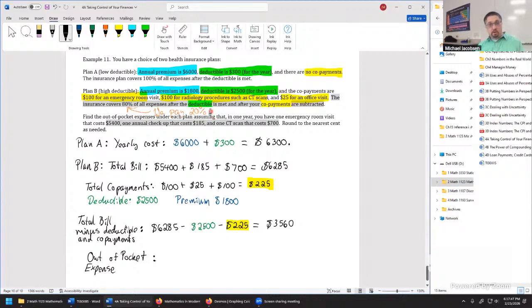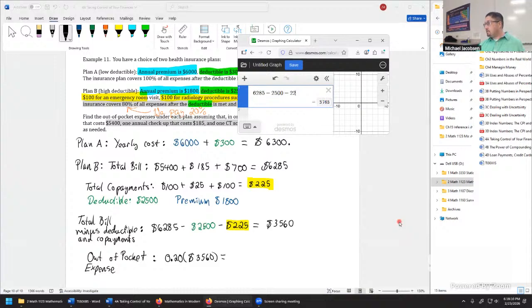So we take that number, write it in decimal form as 0.20. 20% of that out-of-pocket expense means multiply it by this, the remainder after co-payments and deductible, 3,560. And we get 3,560 times 0.20, $720. Excuse me, $712.